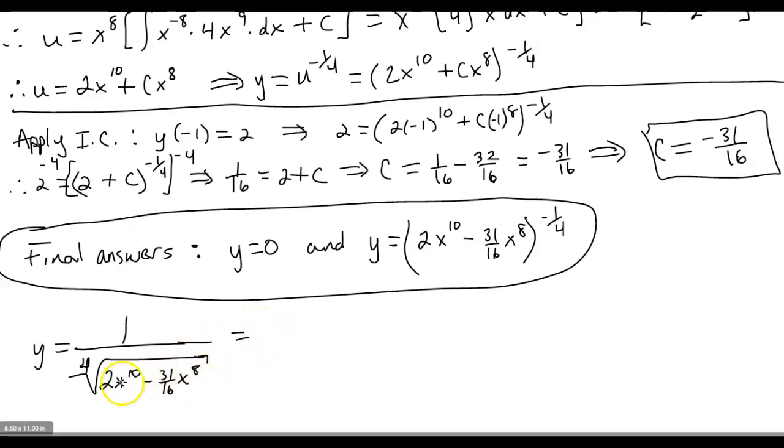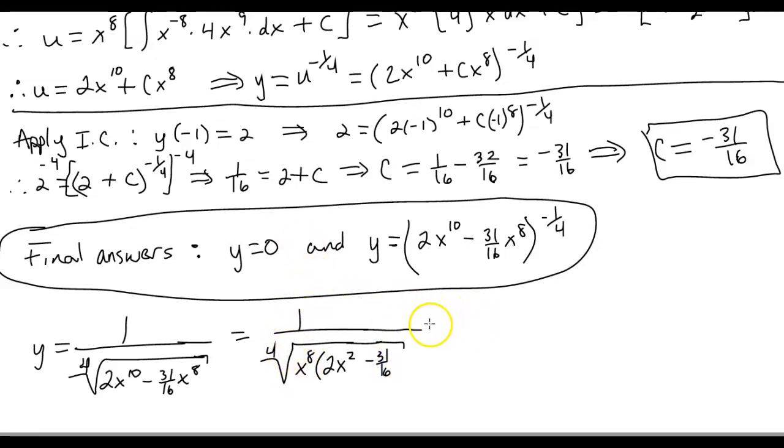So in other words, I can factor out an x raised to the 8 out of both of these. So if that's the case, I have x raised to the 8 times 2x squared minus 31 over 16.